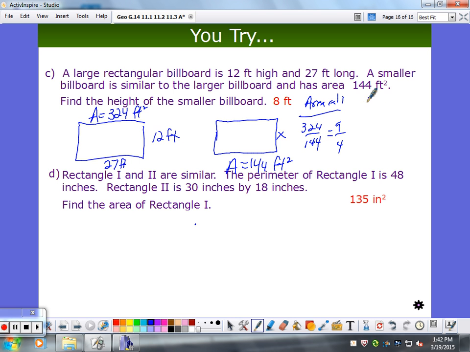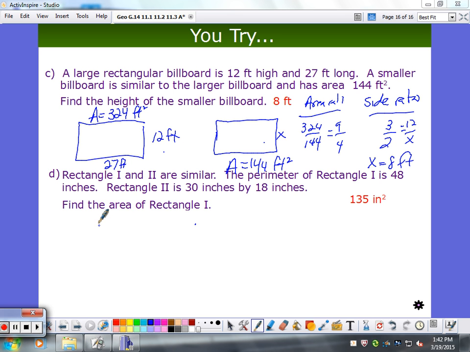Which makes my side ratio, taking square roots, 3 halves. This one's 12, that's the one I want to find. 3x equals 24, x equals 16. Correct? I can't tell. Is this helpful, not helpful? If you don't need it, I won't do it.